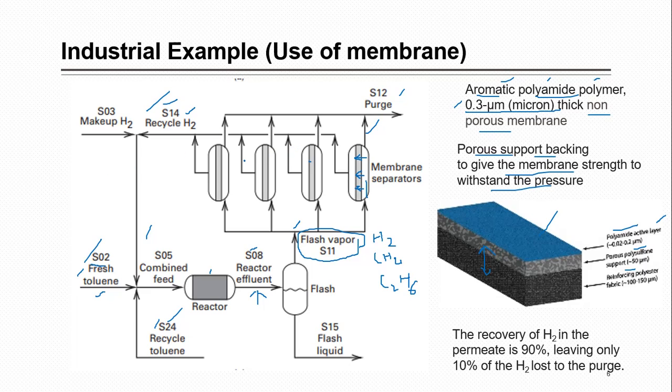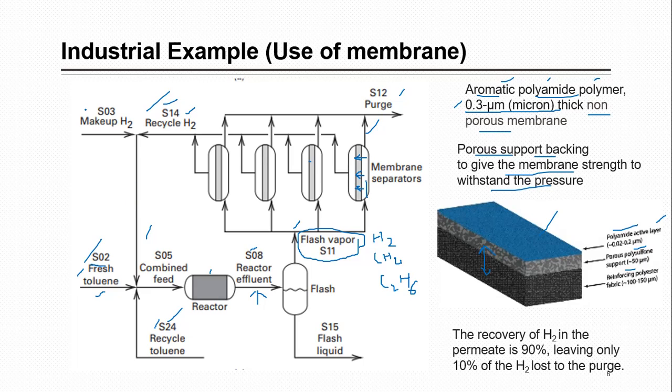Maybe you will be thinking that this is still a huge loss of 10%, but if you compare it to the purge system, the old system when there was no membrane, that loss was very high. So with the help of this membrane system, definitely we are recovering more hydrogen along with a small amount of methane, and that is recycled.